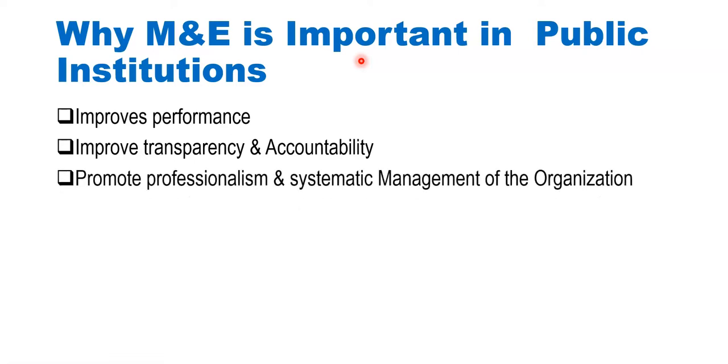But again, M&E promotes professionalism and the systematic management of the organization. It's where the organization can make decisions that are based on data, not just subjective information. So the decisions made based on M&E data or M&E information are very objective.